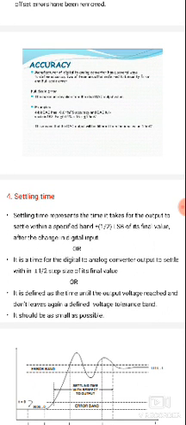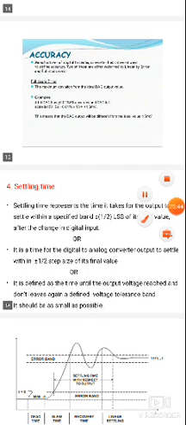The full scale error is the maximum deviation of the digital to analog converter output. So for a 4-bit DAC, the full scale error is approximately plus or minus 0.1%. The full scale value is the converted output value, 15 volts.